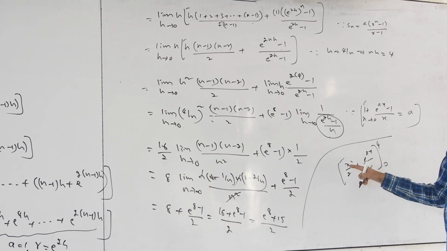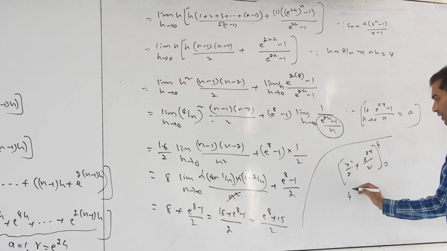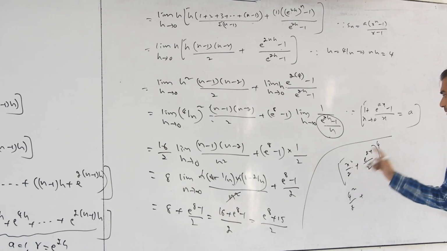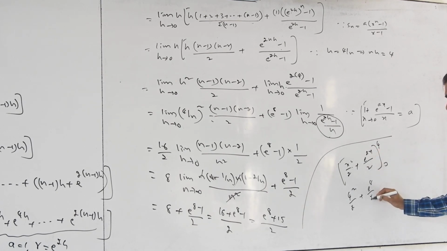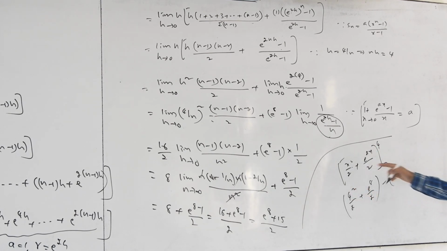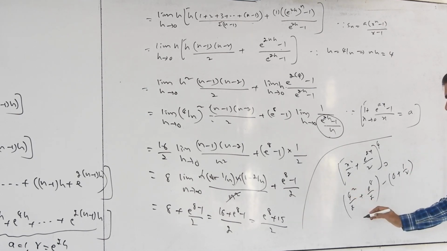Upper limit substitute here: 4 square by 2, x replaced by upper limit, plus e power 8 by 2. Lower limit minus, lower limit is 0, plus e power 0 is 1 by 2. 4 square 16 by 2 is 8, plus e power 8 by 2 minus 1 by 2. Finished, correct. 8 to 16, 16 minus 1 is 15, plus e power 8 by 2.